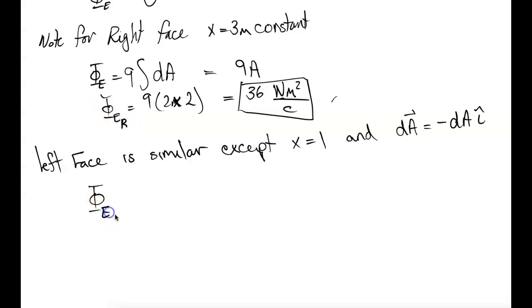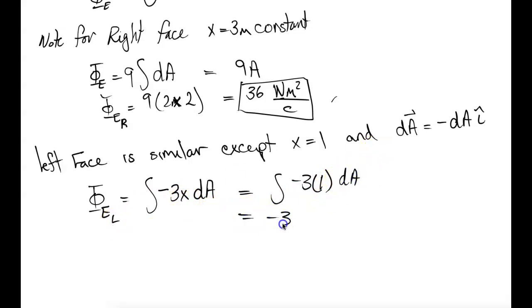This would be phi E sub left, which is going to be, again, the integral of minus 3x dA, which is equal to the integral of minus 3 times 1, because that's what the x value is at the left-hand face, times dA.